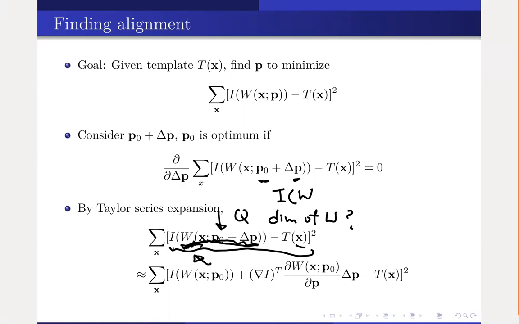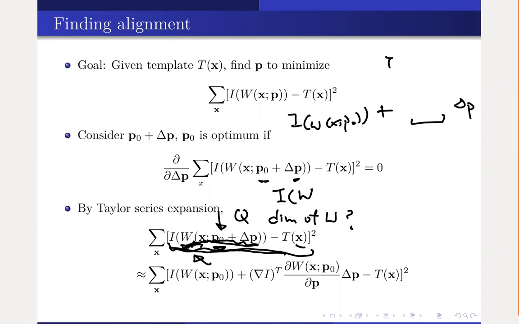But okay, before that, we do a Taylor series expansion here. We will expand around this P0. So I have I of W of X, P0, and then I should have delta P times the partial derivative of, actually I probably should be precise right away.